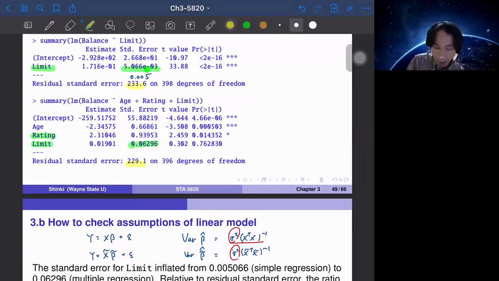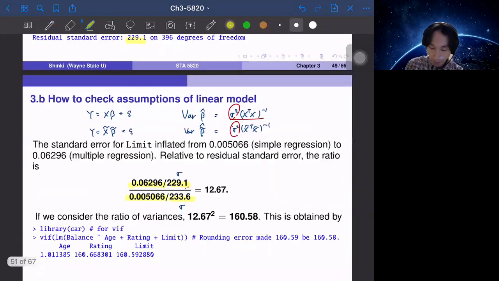So we standardize this size by sigma of each regression. This is the standardized one for the larger model, and this is the smaller model. Then we get 12.67.